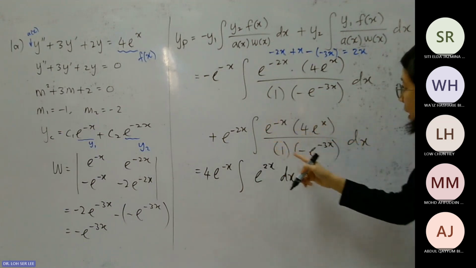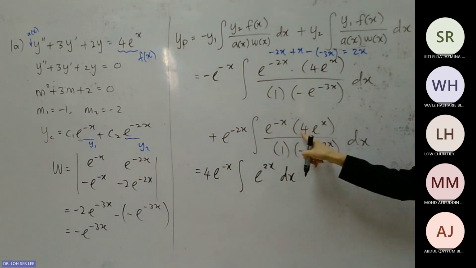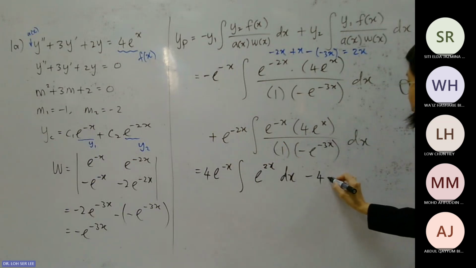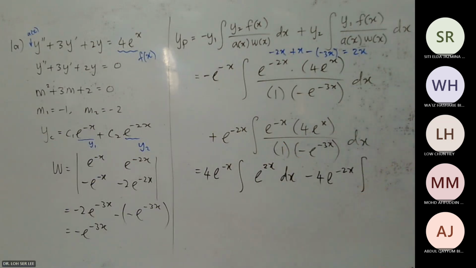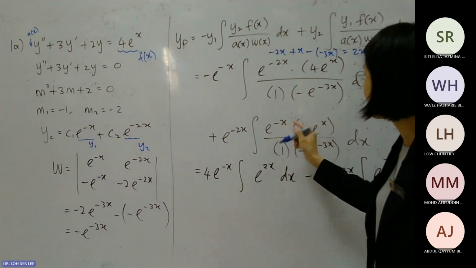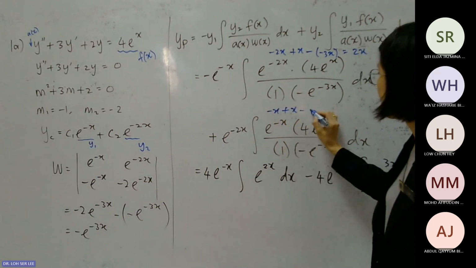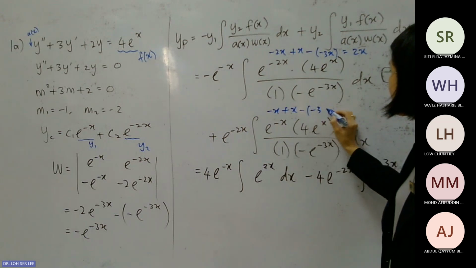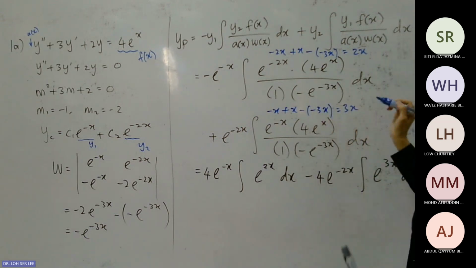Again, here you can factorize the negative 4, so you have minus 4e^(-2x). The 1, 2, 3 combine into 1. What is the new power? 3x. Just combine negative x plus x minus negative 3x, so you get 3x.